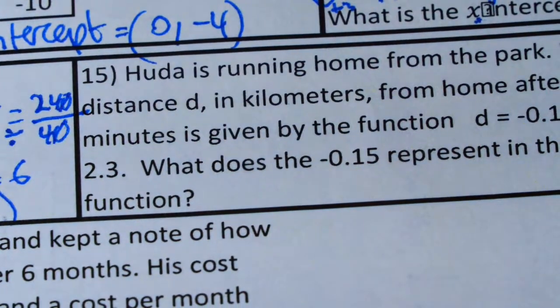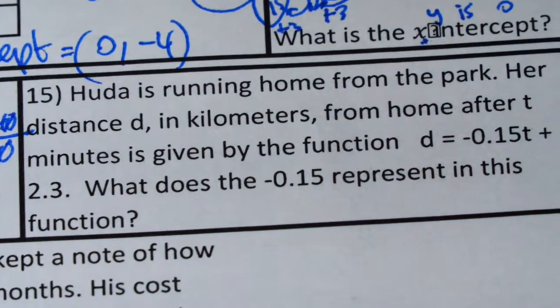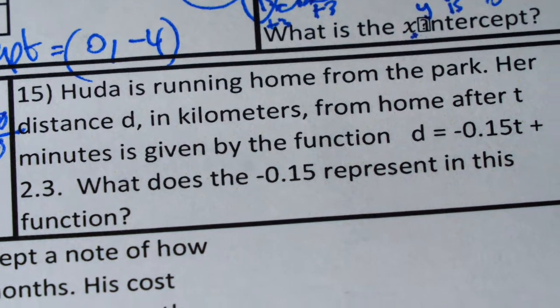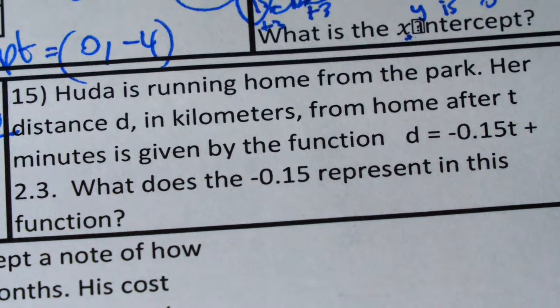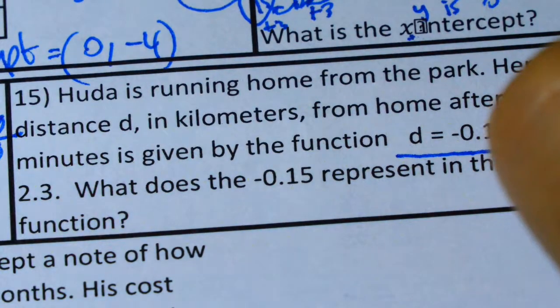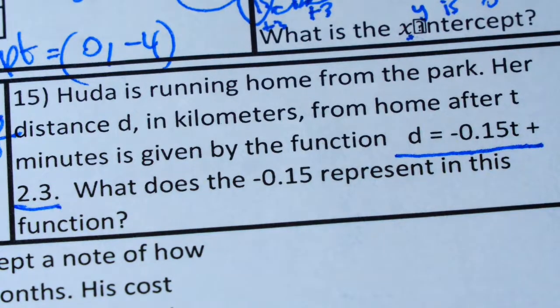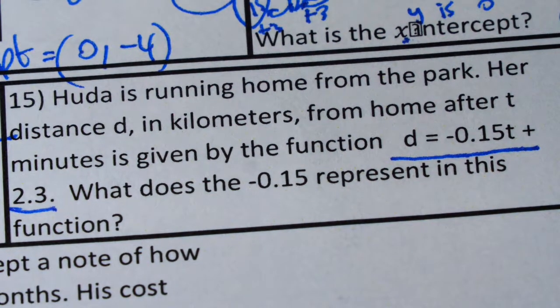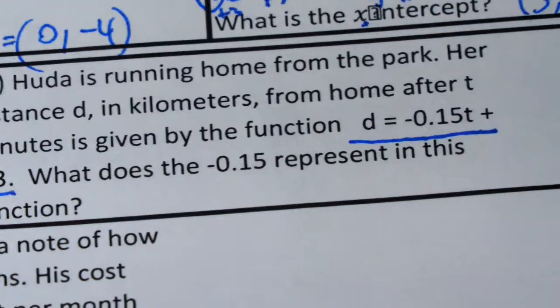Now question 15. Huda is running home from the park. Her distance d in kilometers from home after t minutes is given by the function d equals minus 0.15t plus 2.3. What does the minus 0.15 represent?